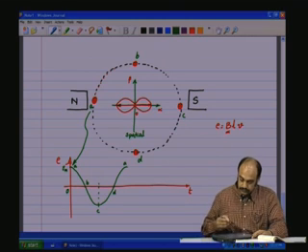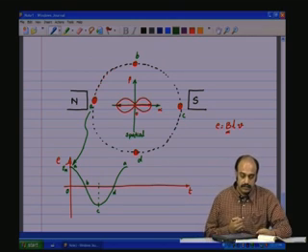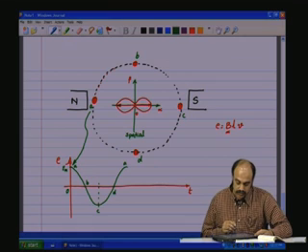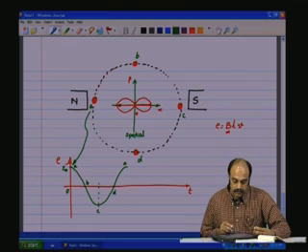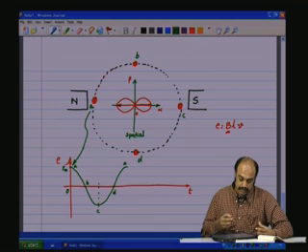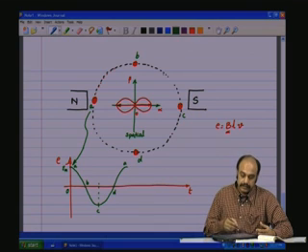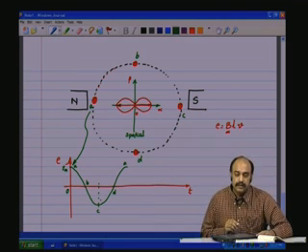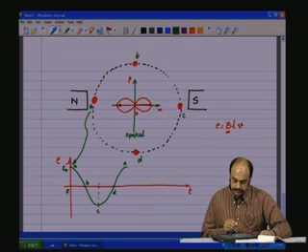Now, this gives the basis for generating some voltage from the mechanical rotation of a conductor to an electrical induced voltage.